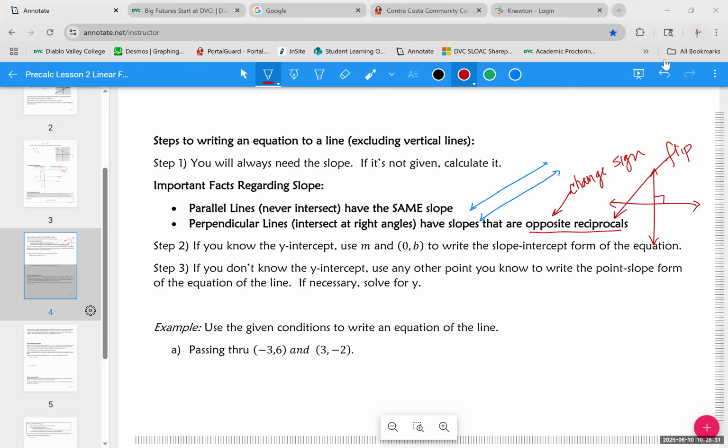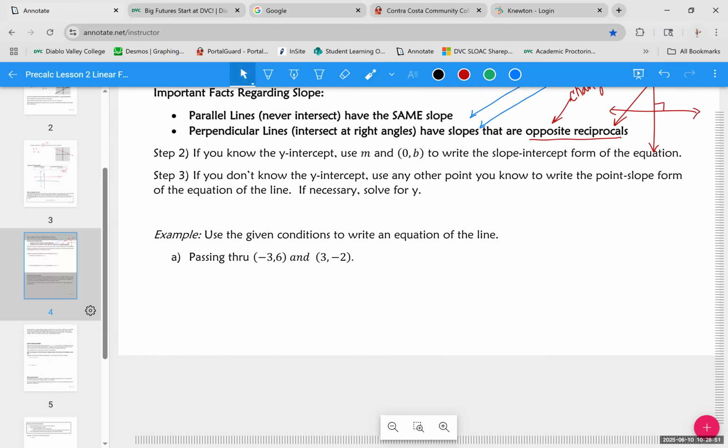Okay, so once you know the slope, then in steps 2 and 3, you're going to make your choice. If you know the y-intercept, if you were given that point, then you can just go straight to y equals mx plus b. But if you don't know the y-intercept, then I would go to the point slope form and just use any point that you have.